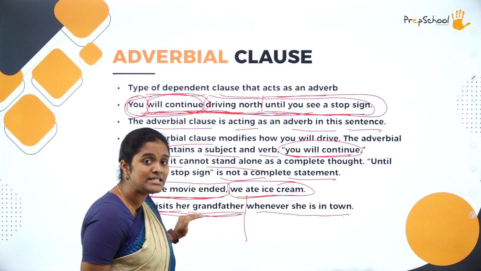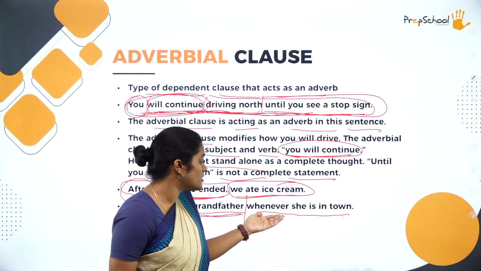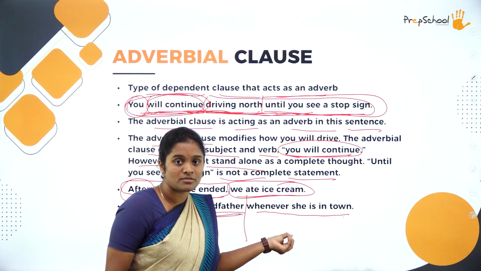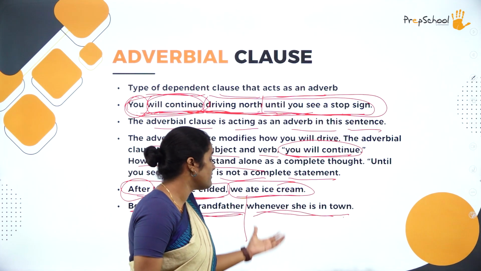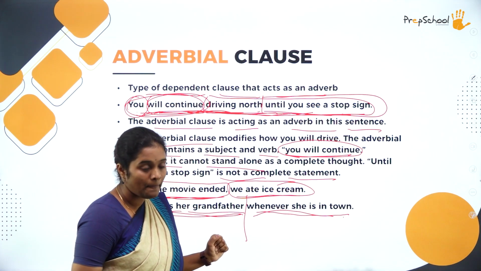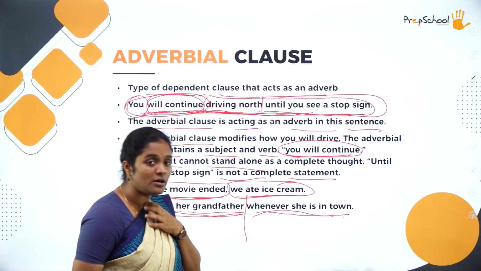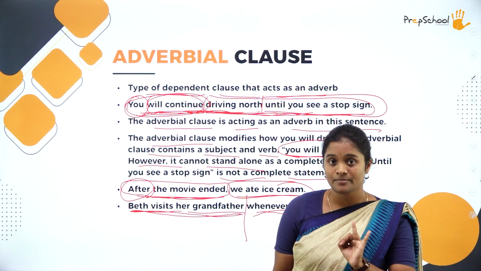That is how you know her visit is the action being described. That is when you know it is an adverbial clause. Whenever she is in town, what does she do? She visits her grandfather. So these are the three types: adverbial clause, noun clause and adjective clause.